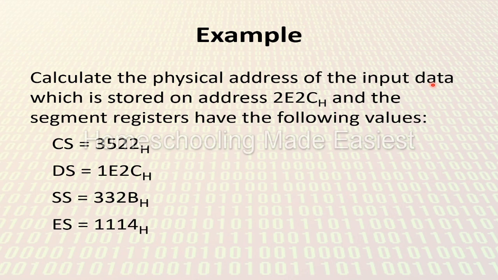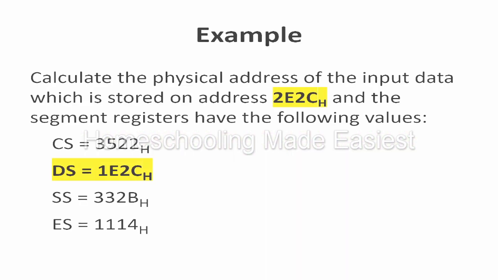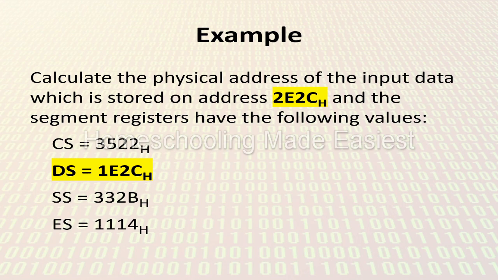Therefore, we know that the starting address of the data segment of the memory is stored in the data segment register. So therefore, we already know the segment address. So our 2E2C is our offset and our segment address is 1E2C.